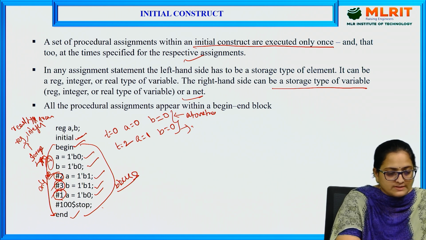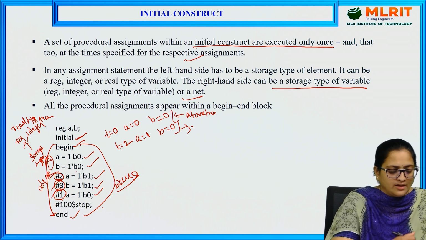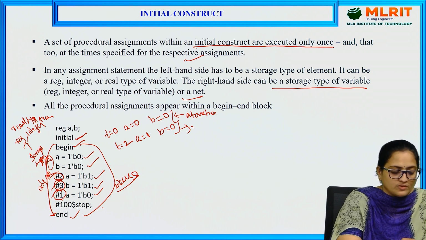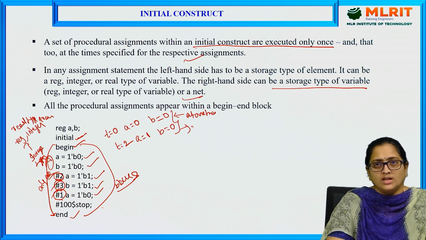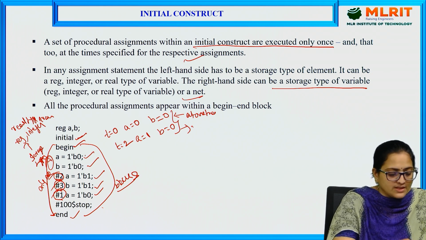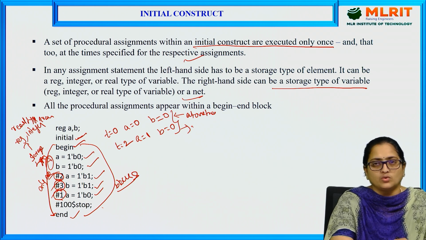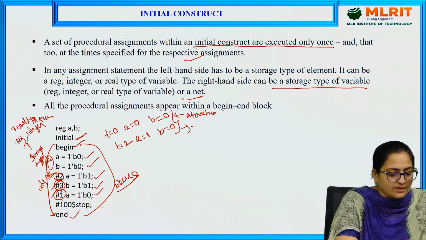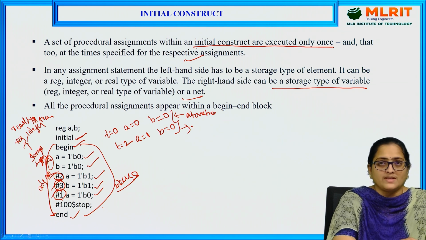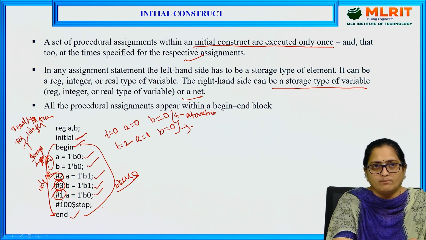So, this is an example to explain the initial constructs. All the procedural statements within the initial will be executed once, and if you want to assign multiple values to storage types A and B, this has to be placed in begin and end blocks itself.